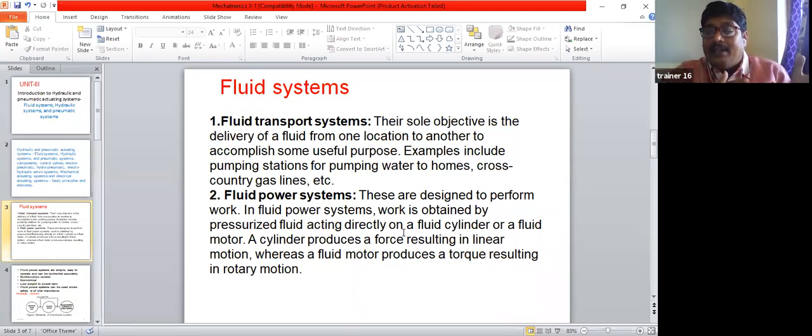Mechanical is complicated, meaning the actuators and mechanisms you studied. Gears are also mechanical actuators, for transmitting power. Here, transmitting power means we use gears to transmit power, to transmit energy.